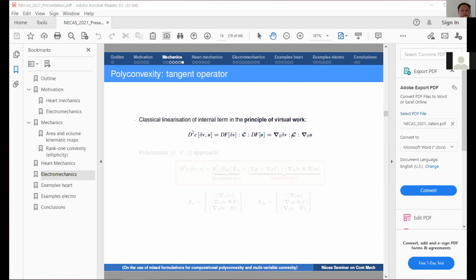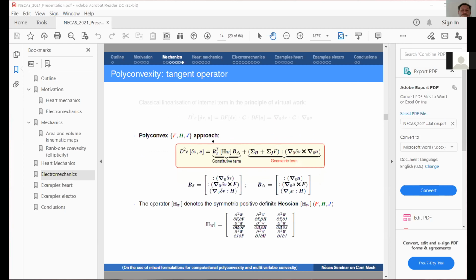Now, unfortunately, if you do that, when you want to consider rank 1 convexity, so you test your constitutive tensor against gradients that are going to be rank 1 tensors, the geometric term doesn't disappear entirely. The reason is that the constitutive term also contains a little bit of geometrical term.